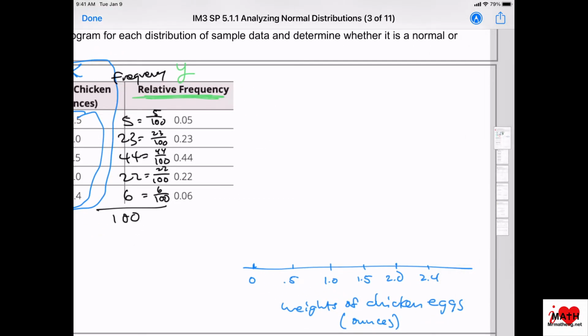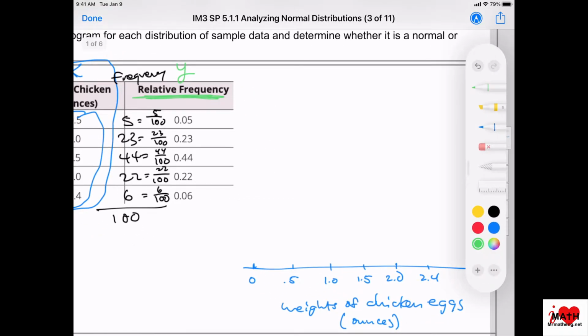Okay, so this relative frequency, this area in green right here, is going to go onto the y-axis, which is the vertical. And what I like to see is a maximum. So this is the max, 44. So let's say you do that at 0.45.